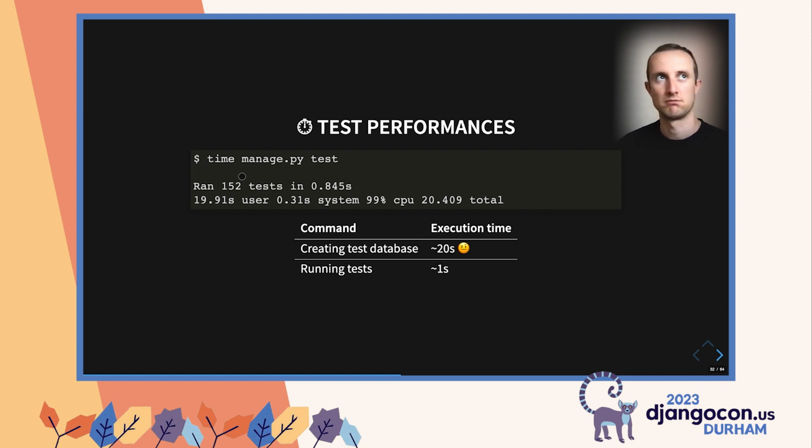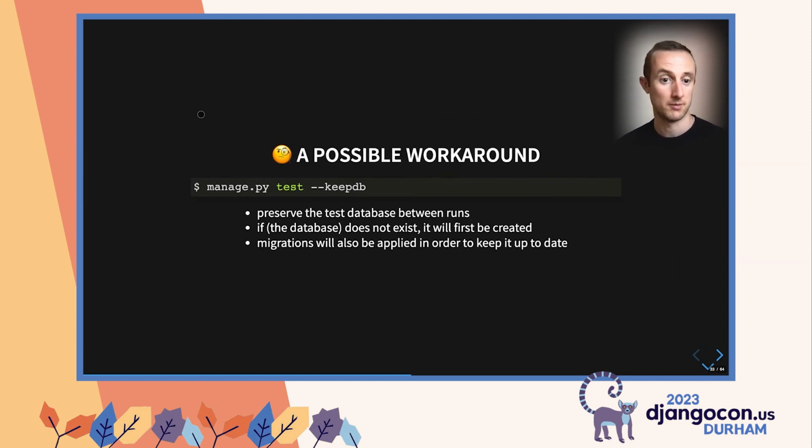So that was our problem, and I tried to solve it in different ways, spending a lot of time. And here's a quick recap. So first possible workaround in your local machine can be keeping the test database. So this --keepdb preserves the test database between runs.